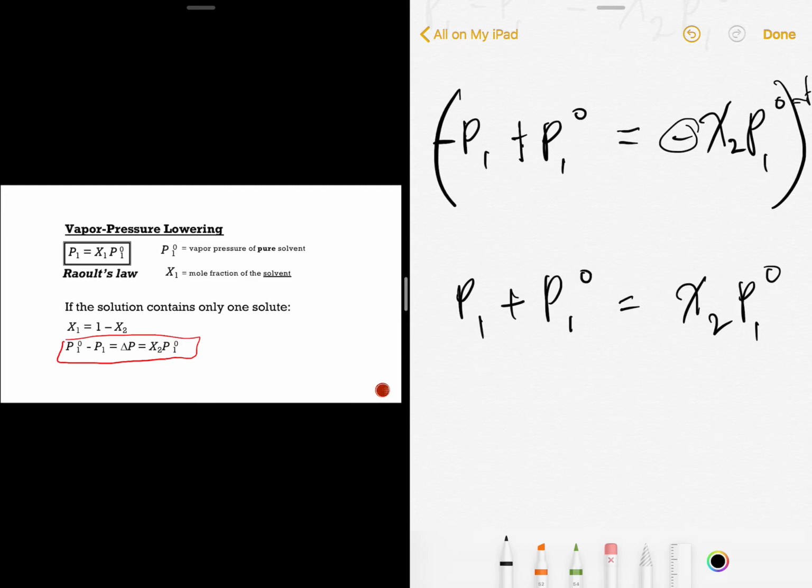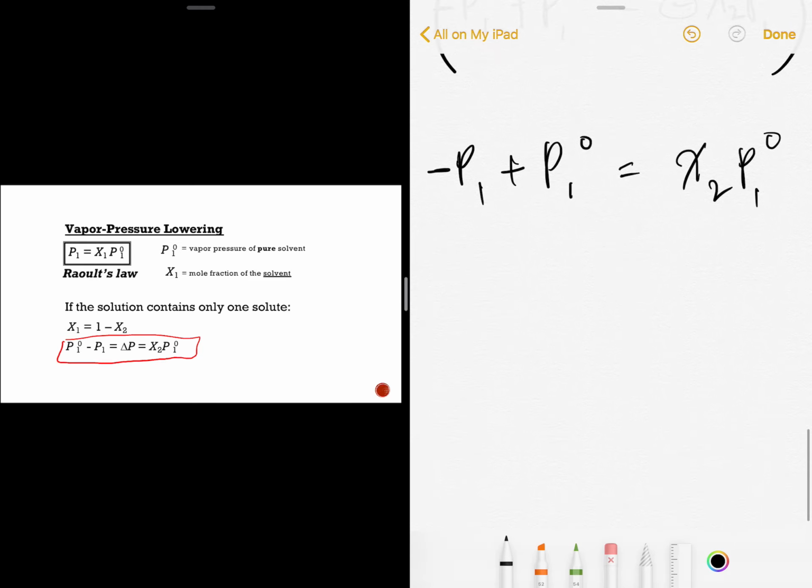However, this becomes negative also. This becomes negative P1 naught. So, to rewrite the formula, it becomes P1 naught minus P1 is equal to mole fraction ni solute P1 naught.